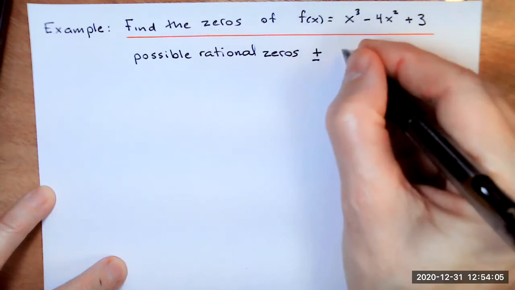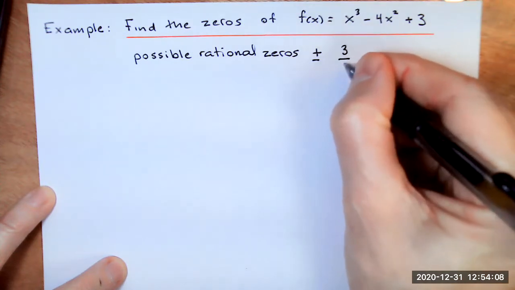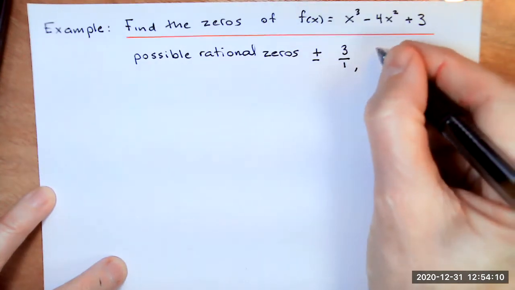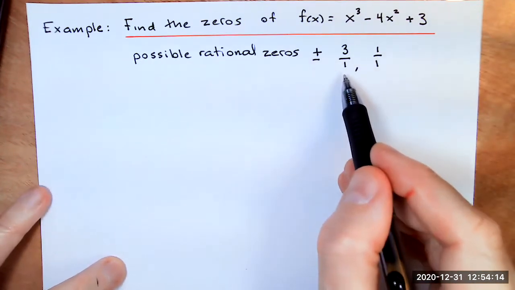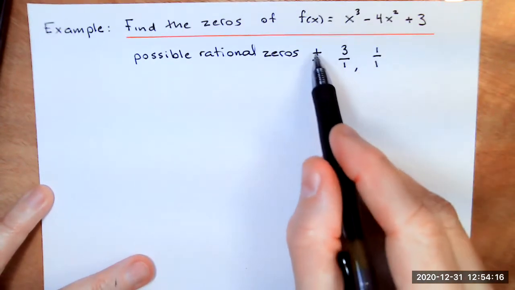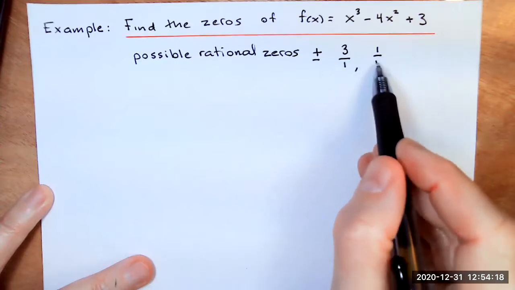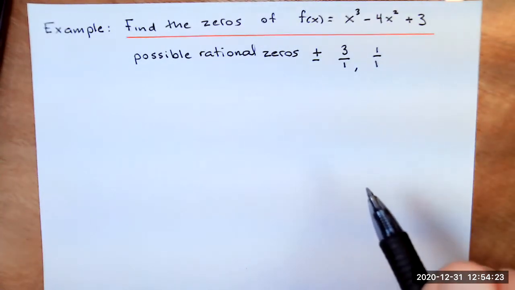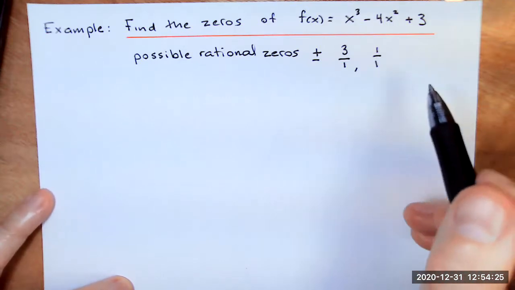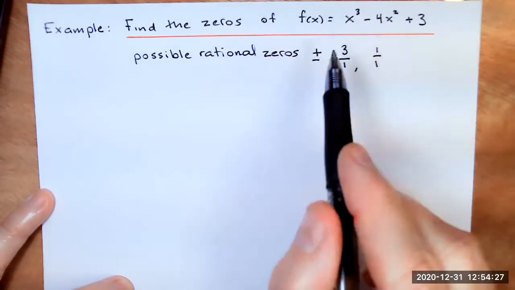So it's 3 over 1 or 1 over 1. So there's only 4 possibilities, plus or minus 3 or plus or minus 1. How will we find out if they're a rational zero? Well, we can use division.